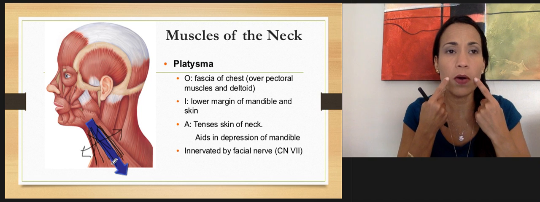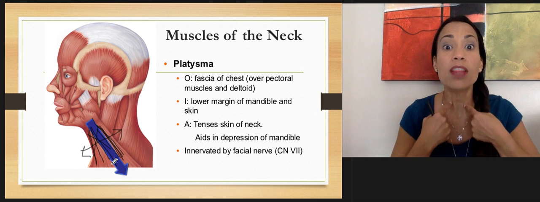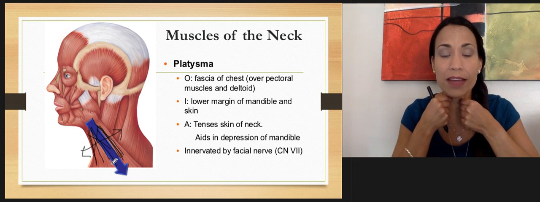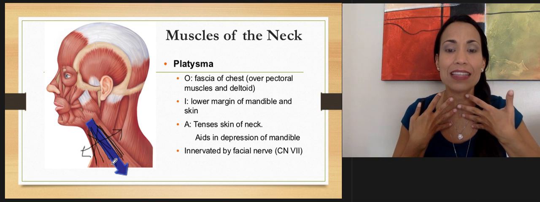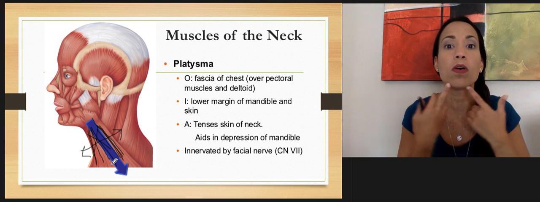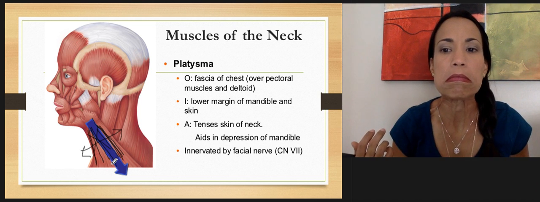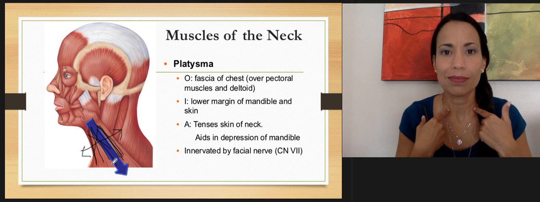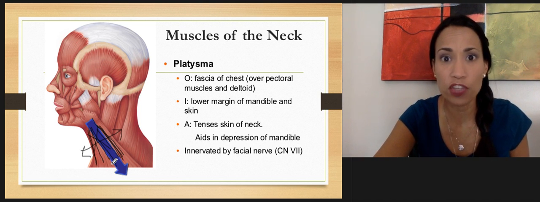But the platysma also inserts on the skin right here in the corner of your mouth and inserts on the skin of your neck. So when you contract that muscle, it tenses the skin of the neck and it draws down the corner of your mouth. See? That's the platysma in action. Innervation, the facial nerve.